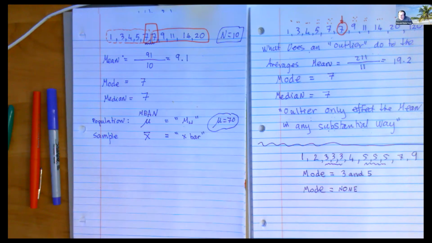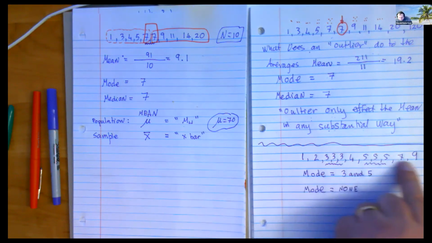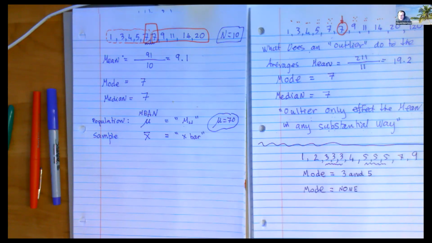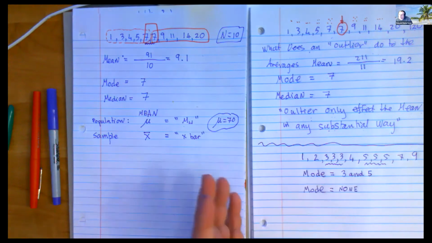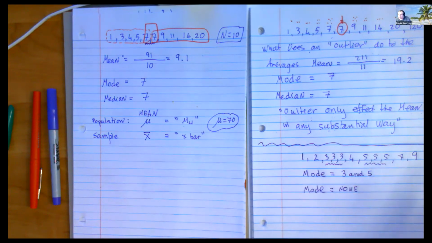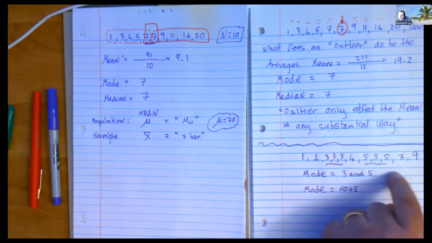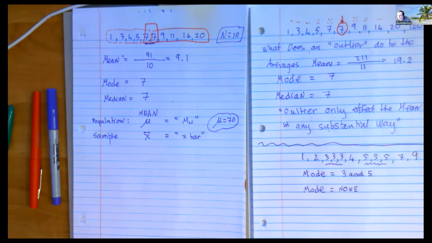That's the first reason. Second reason is, can you imagine that you had a whole load of data and there was only one number of each? One number 5, one number 6, one number 22, one number 23. Does that mean, according to this way of doing it, that you write down every single number as the mode? Because there's one of them? You see, that's a bit silly, isn't it?